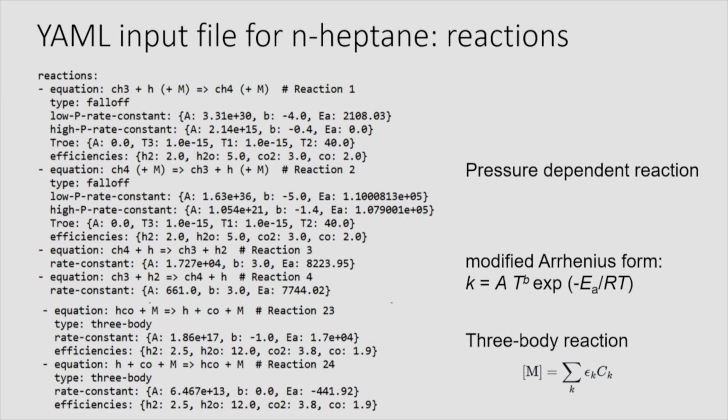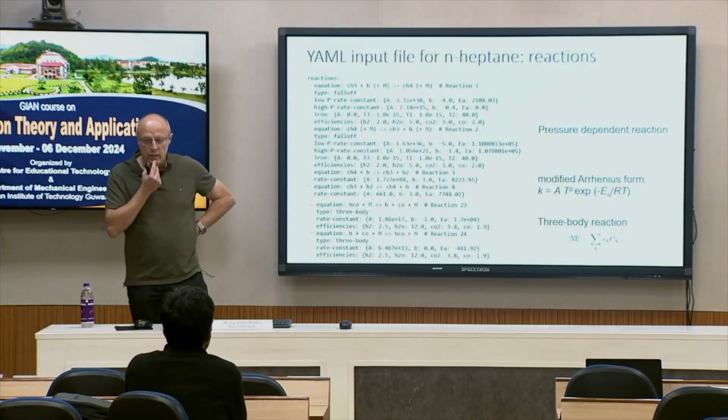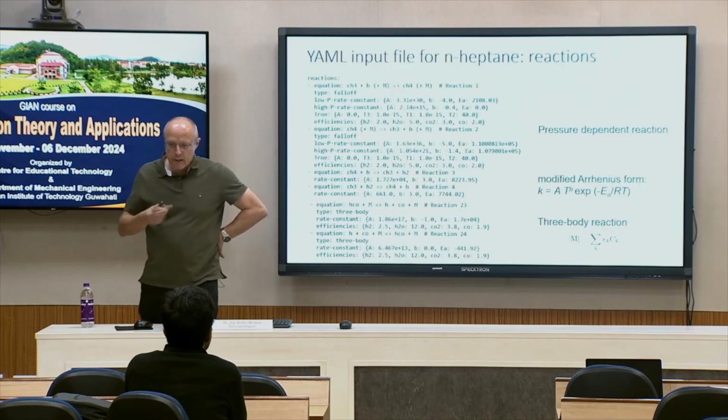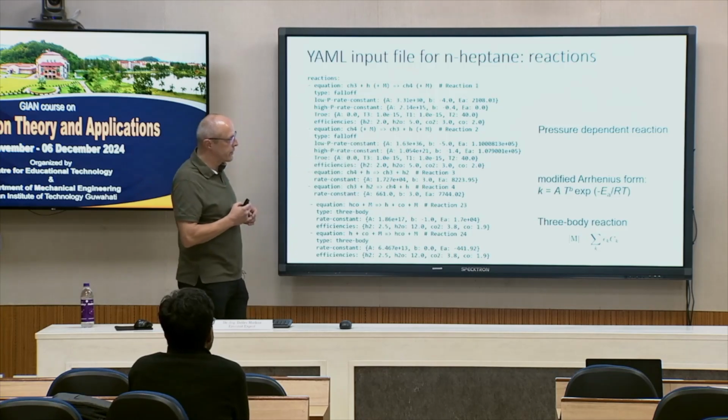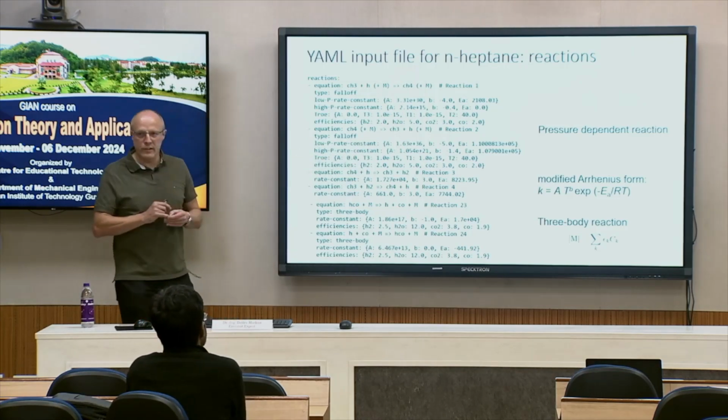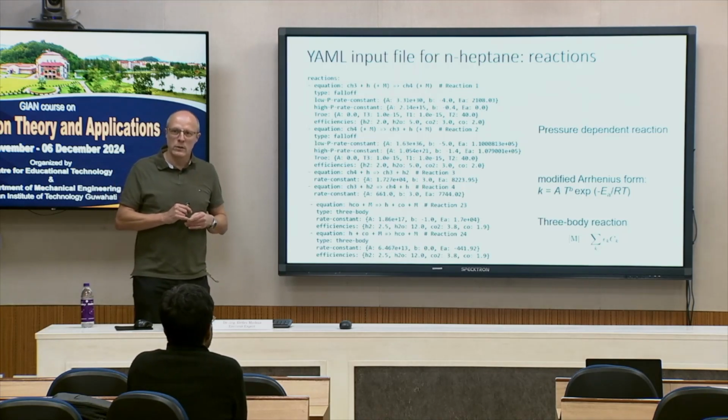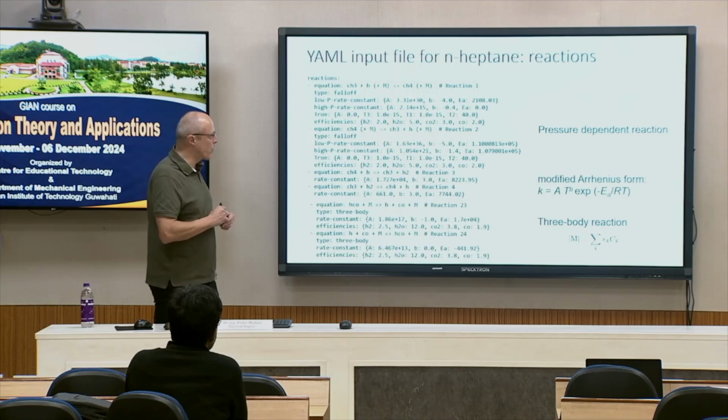So we have everything we need here, and then at the end, of course, we need our reactions. So 160 species, and I don't know how many reactions in total. There are different types of reactions involved in Cantera, or this YAML file. I have just explained here 3 different formulations. Of course, you can find several more for specific problems.